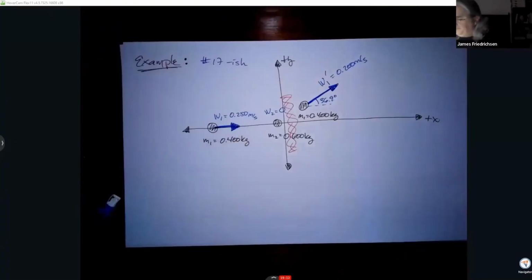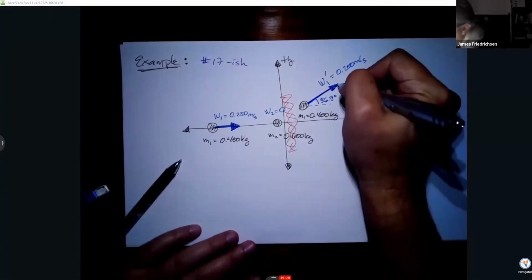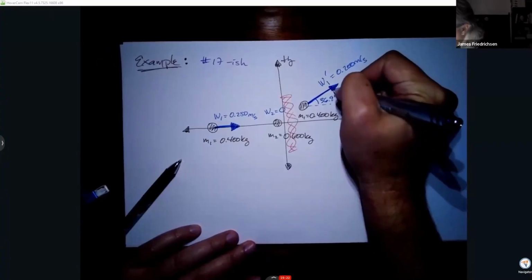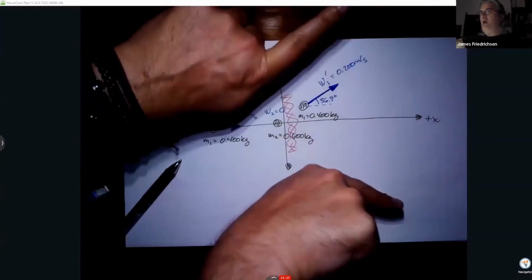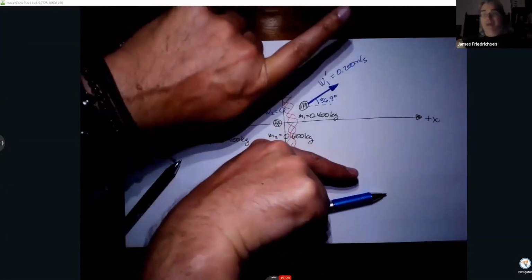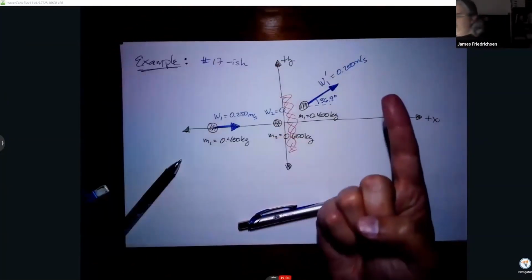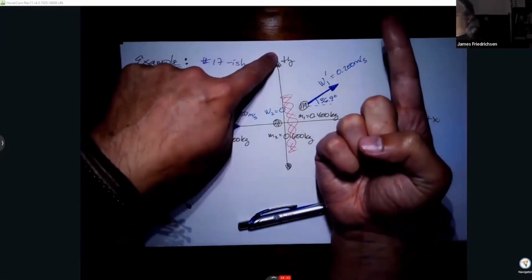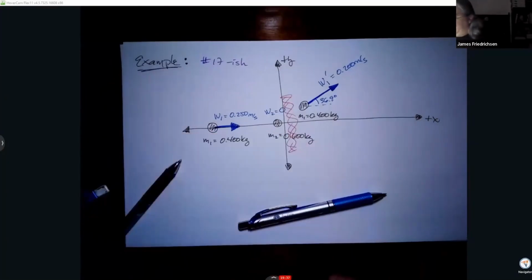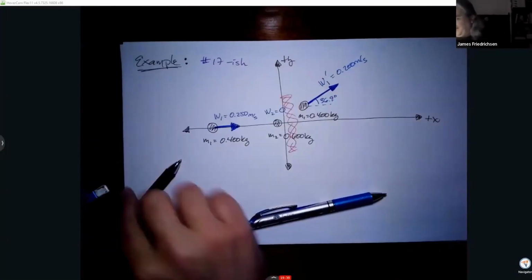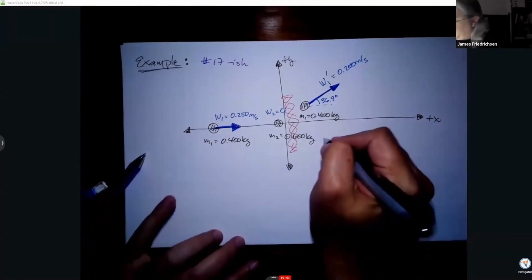Now, this is where it'll get interesting, and part of it does depend upon how we want to code things in. But essentially, if the one goes up, then the other one should go down so that we conserve momentum, right? If one of them has momentum in the positive y, and we had no y momentum to begin with because it was purely moving in the x, then the other one has to end up going down in this quadrant 4.